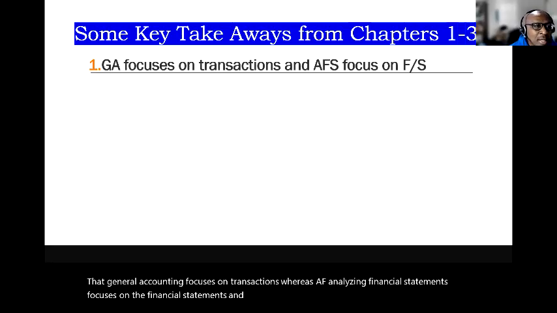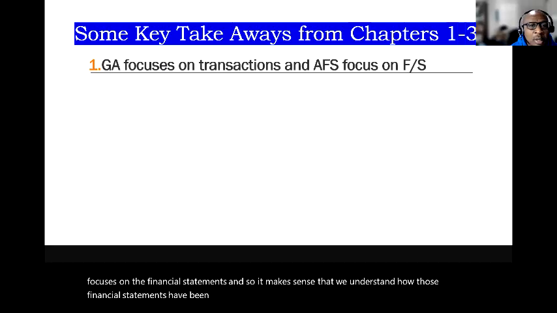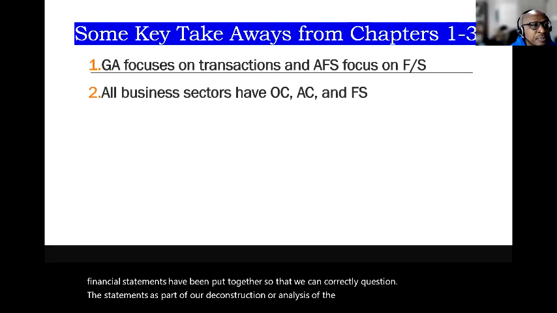And so it makes sense that we understand how those financial statements have been put together so that we can correctly question the statements as part of our deconstruction or analysis of the statements.